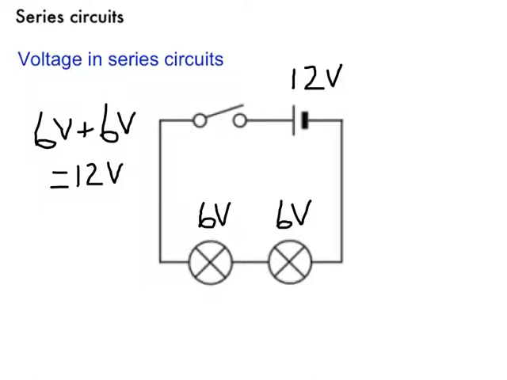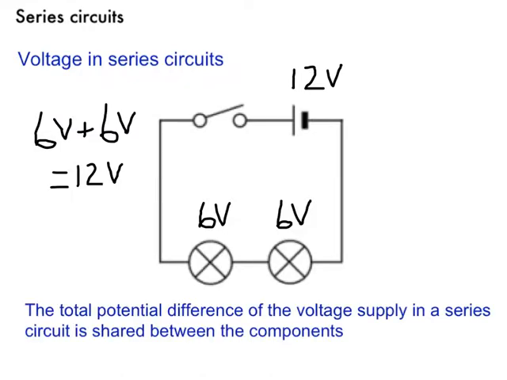So the rule here is the total potential difference of the voltage supply in a series circuit is shared between the components. Okay, so that's our rule for voltage in series circuits.